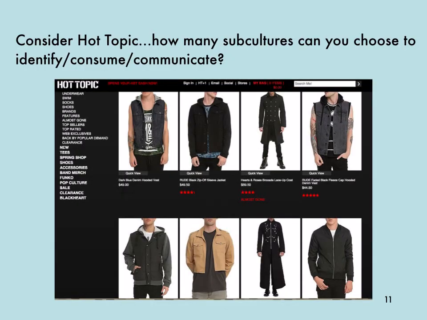Now, as an example of this, I'd just like for you to think about that store in the mall, Hot Topic. And if you walk into Hot Topic you are overcome by all kinds of great things to buy, all kinds of things to buy anyway. But one of the things that they really trade in and are built upon is providing these different kinds of uniforms for teenagers to decide and communicate what social group they belong to, what fashion is, right?